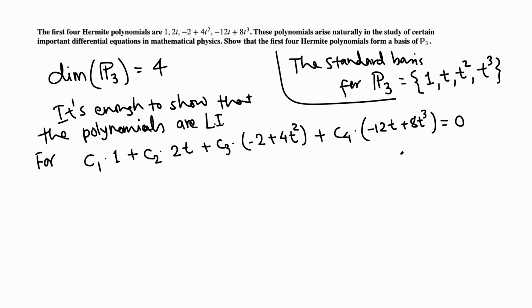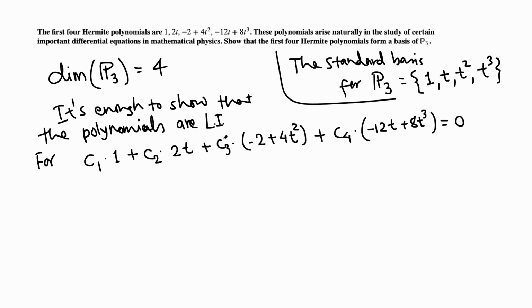If we are able to show the only solution is c1 equals 0, c2 equals 0, c3 equals 0 and c4 equals 0, that makes these 4 polynomials linearly independent.